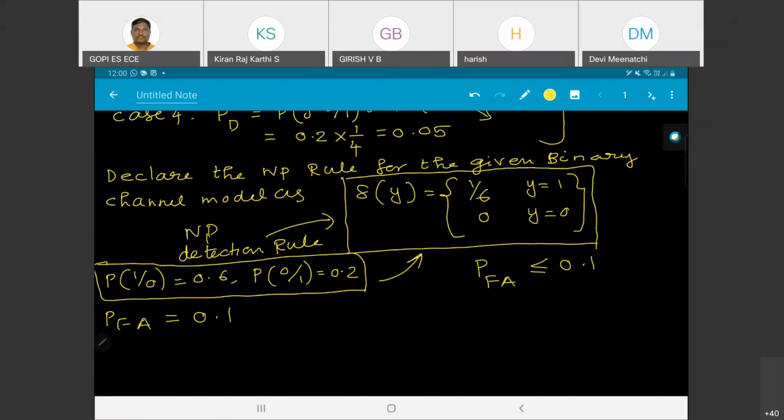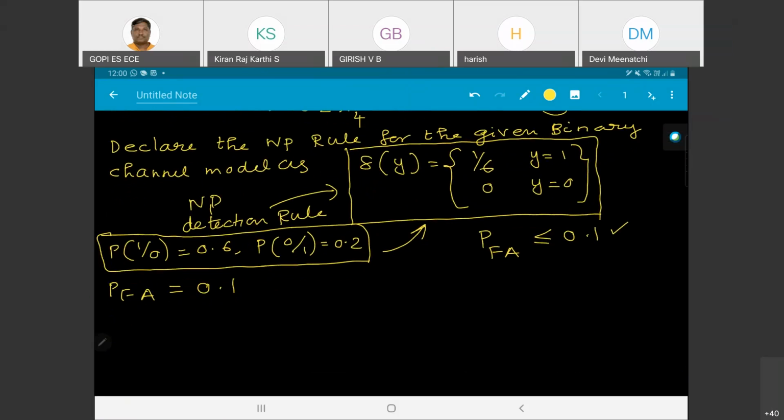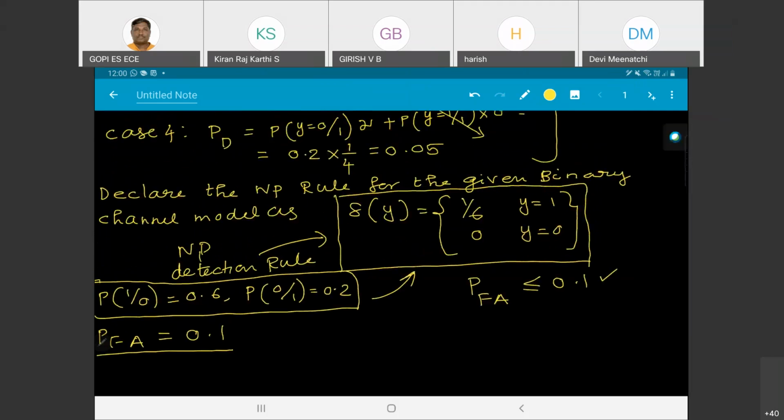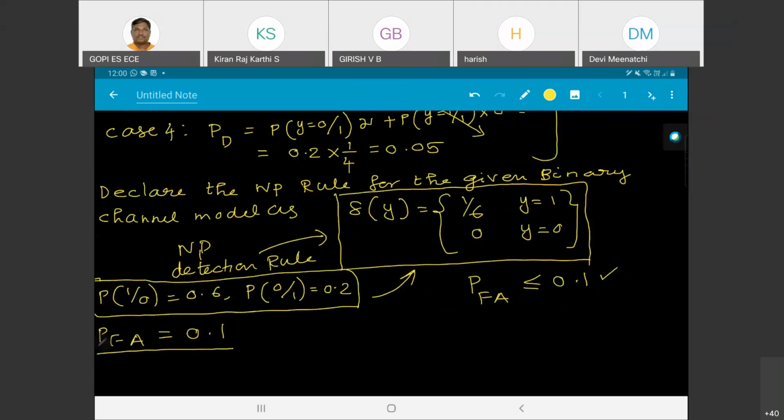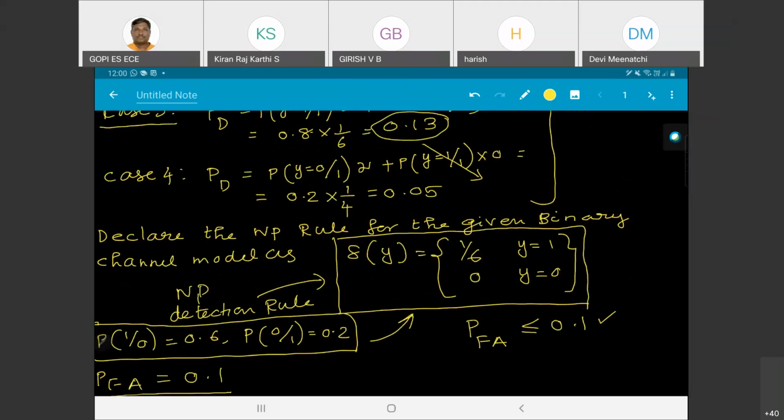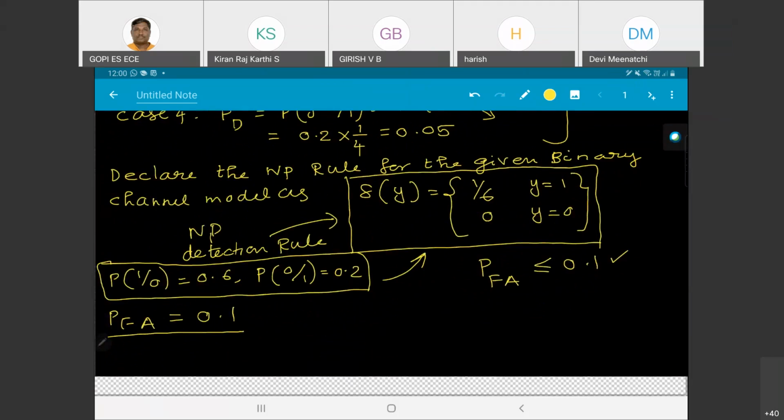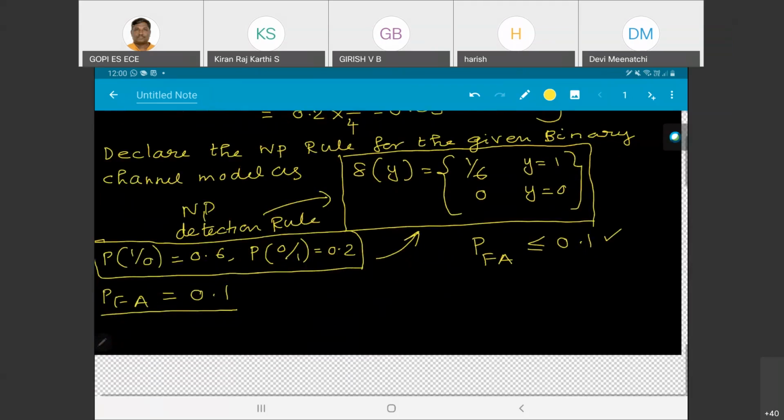Our objective is to get less than or equal to 0.1, but the solution ends up with the probability of false alarm exactly equal to 0.1, because if I reduce the probability of false alarm further, the probability of detection will come down. Now we got a probability of detection of 0.13, very low, but it will come down if you go still below 0.1. So that is the trade-off.